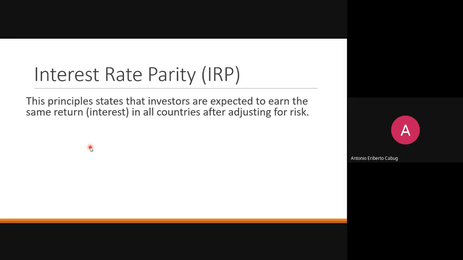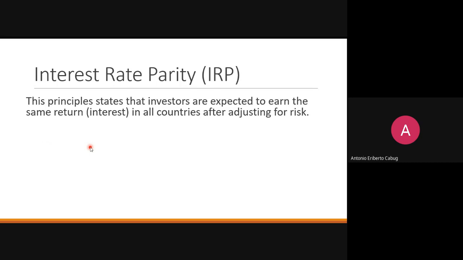IRP is the principle that states that all investors are expected to earn the same return or interest in all countries after adjusting for risk. We call this the IRP, interest rate parity.